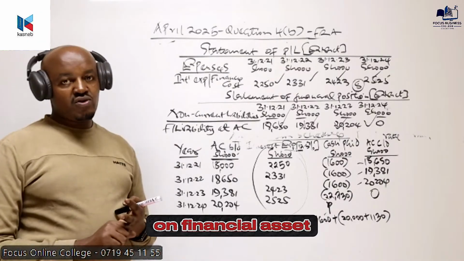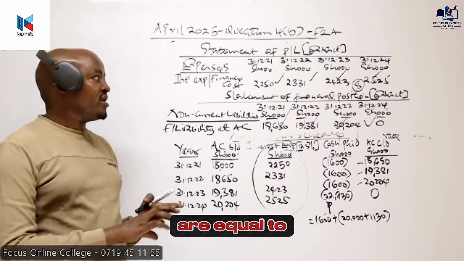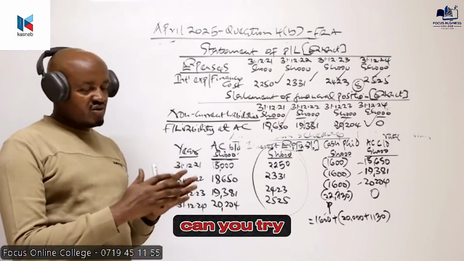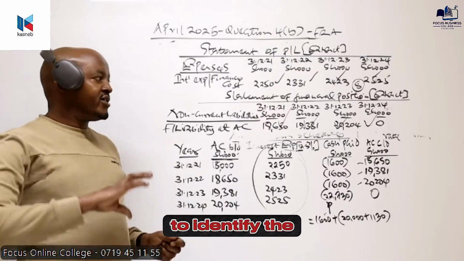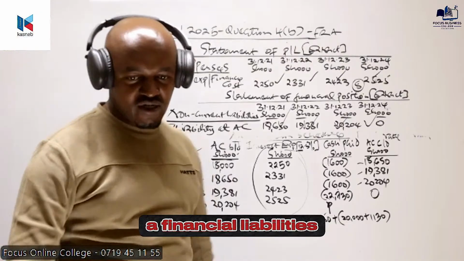You are also likely to come across a question on financial assets, what we did at the start of this session, and also a question in relation to financial liabilities. So what you just need to do is try to redo those particular questions again on your own, and try to identify the difference between financial assets and financial liabilities.